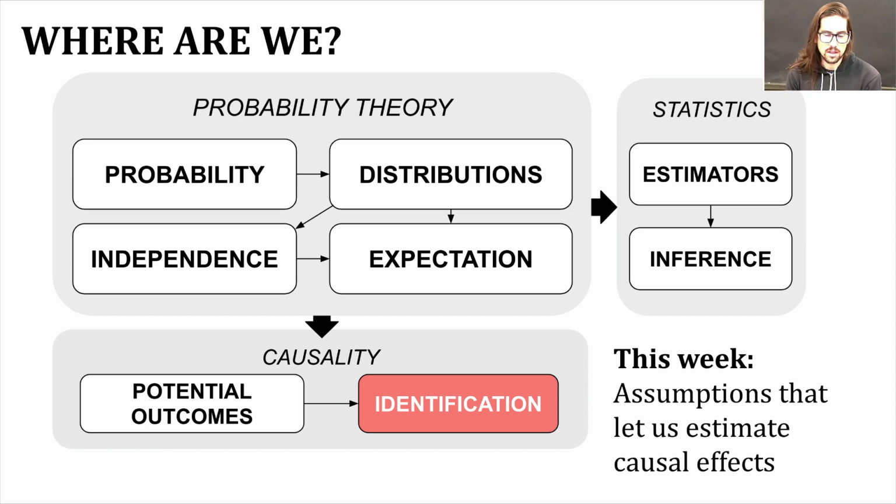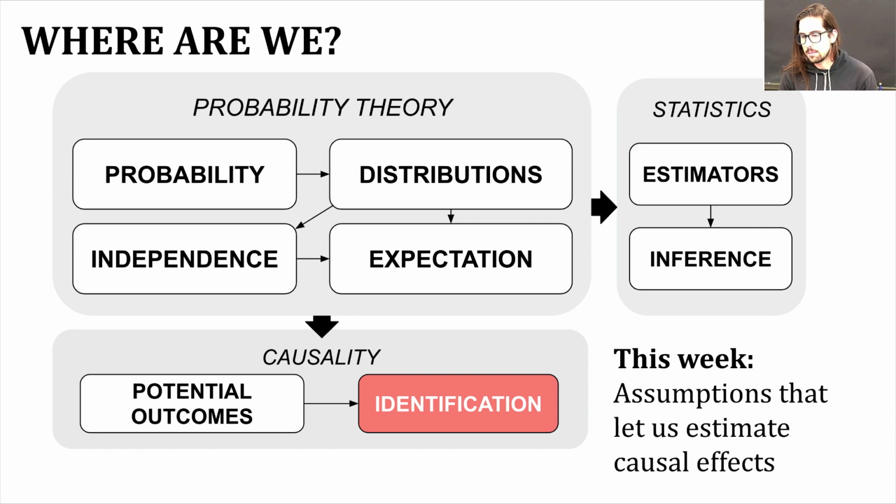So in our graphical abstract here, we did probability theory. We did statistics, where the basic idea is we've used probability theory to define some quantity that we're trying to estimate. And that's defined in relation to some unknown data generating process.